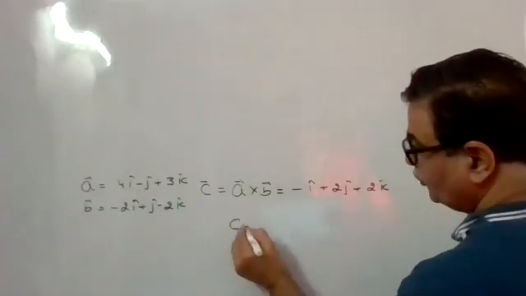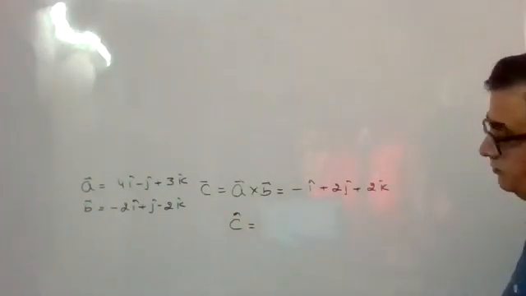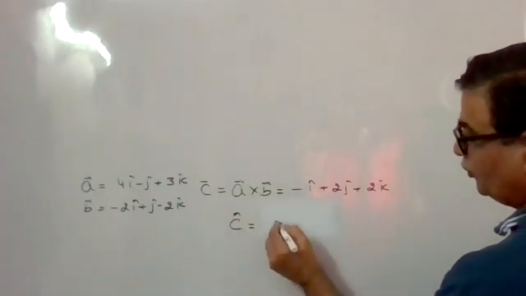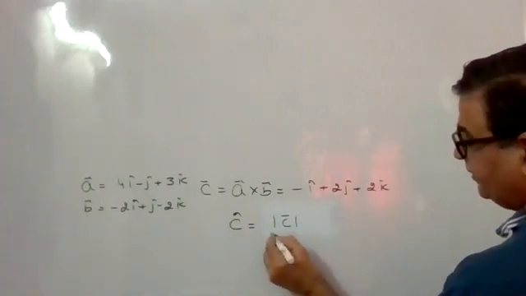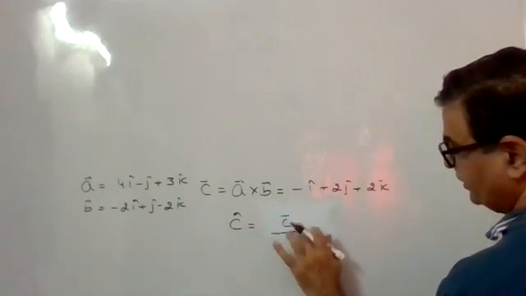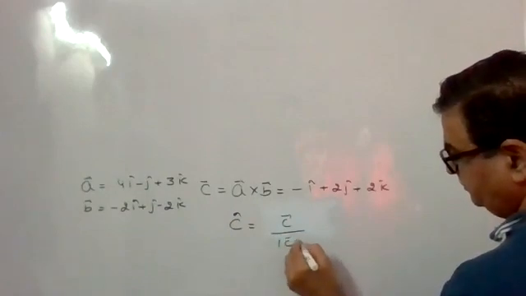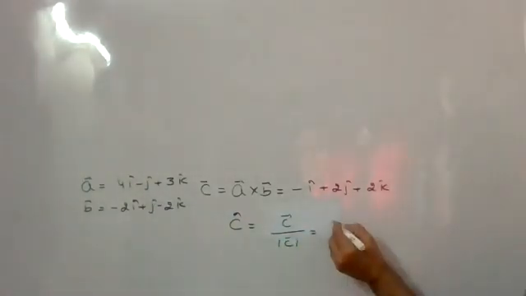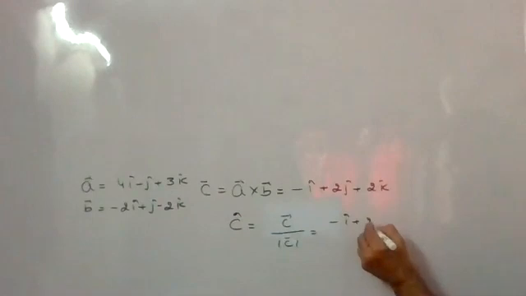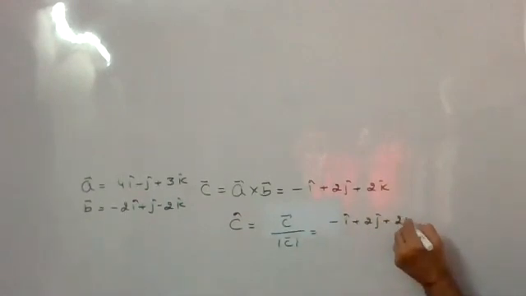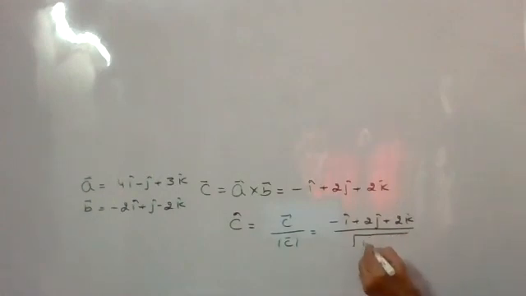Then I find out the unit vector of it. Unit vector is the vector divided by its magnitude. So it comes out to be minus i plus 2j plus 2k whole divided by under root 1 plus 4 plus 4. This is our C cap.